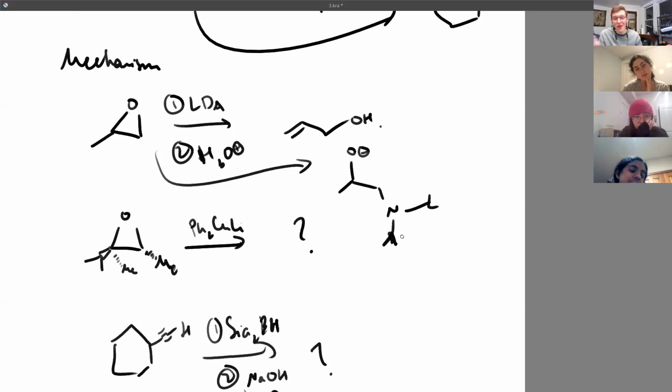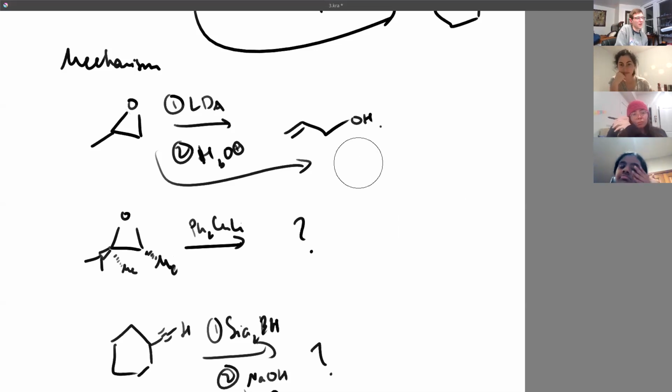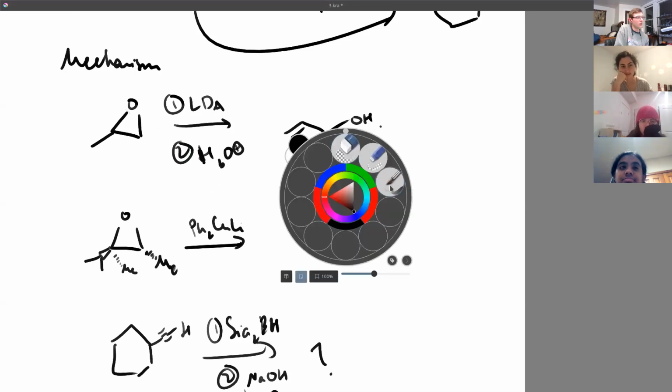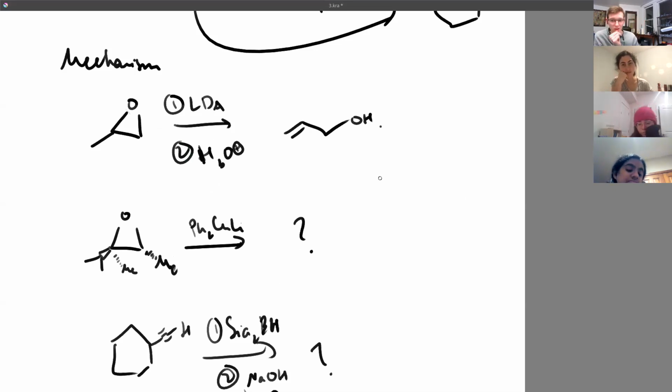But well, it says that it's a mechanism, so we know what the product is going to be. So we don't have to worry about this case. We just pretend this doesn't happen. Okay, so in this case, we're not going to do that kind of epoxide opening, we're going to do something else. LDA is a really good base.